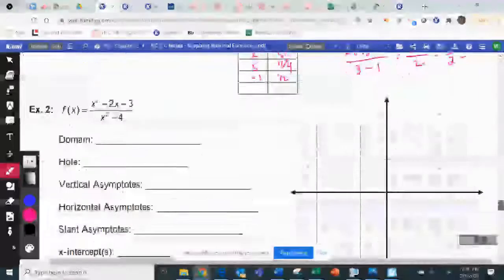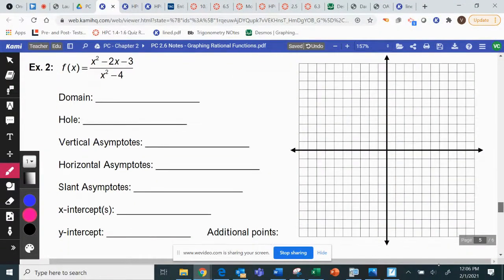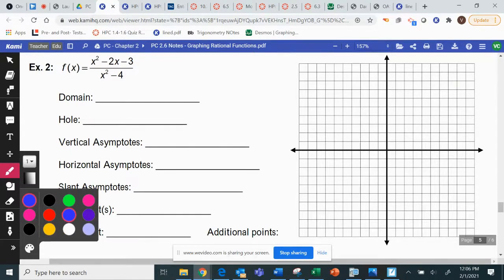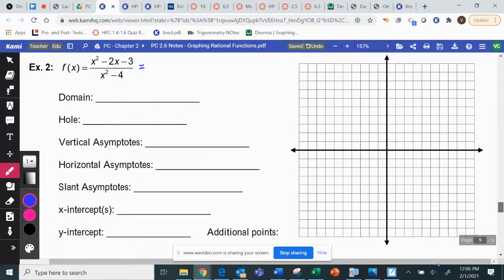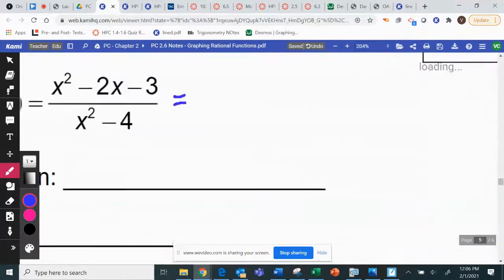All right, let's try another one. So the first thing is not written down, but you have to remember it. First thing we're going to do is factor if possible. And this one, I'm thinking it will probably be able to factor. So take a moment, see if you can factor it.